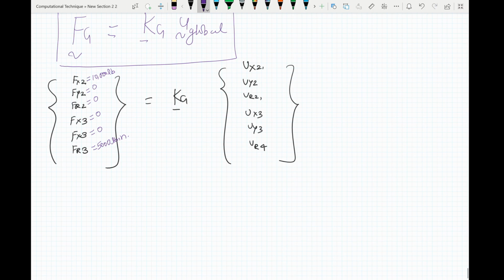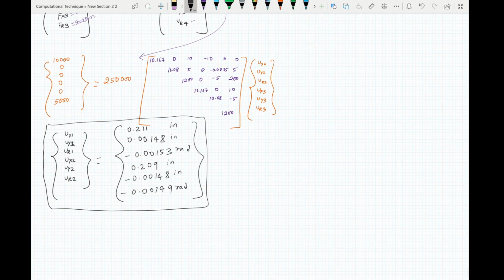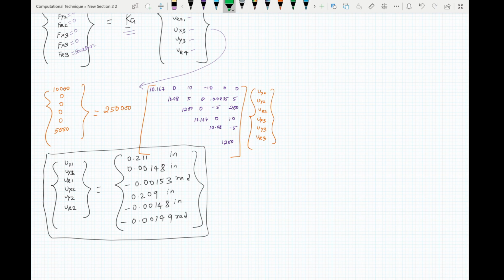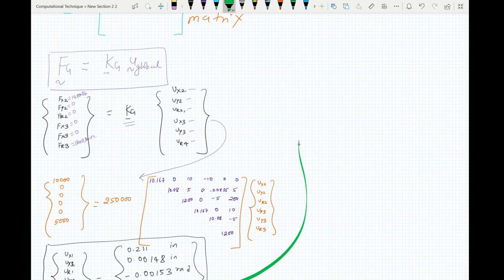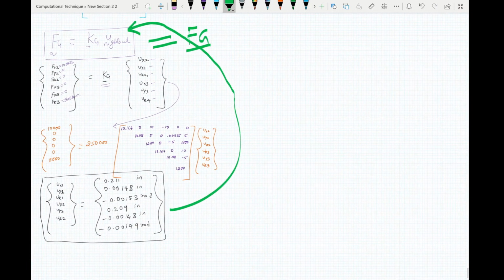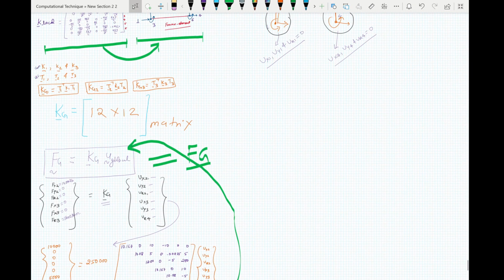Therefore you only have to look into these degrees of freedom and put the matrix here, and you can solve for your displacements and rotations. And if you want to find your reaction forces, then you take this value and substitute it here, and you obtain your F global forces. So this is the way you solve for your frames.